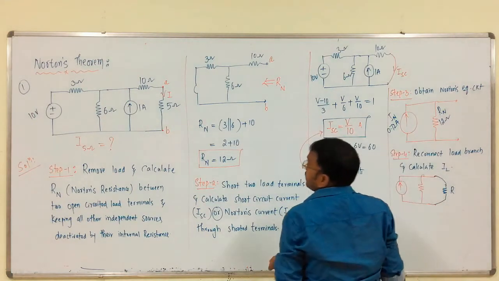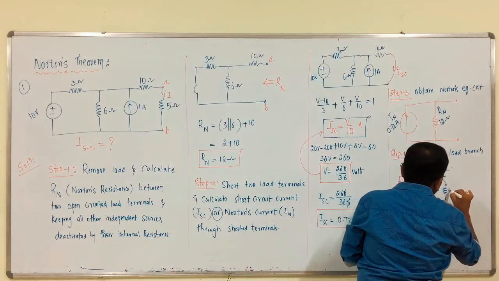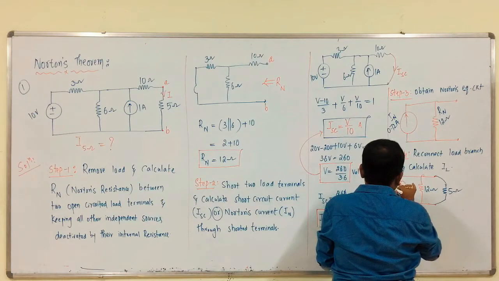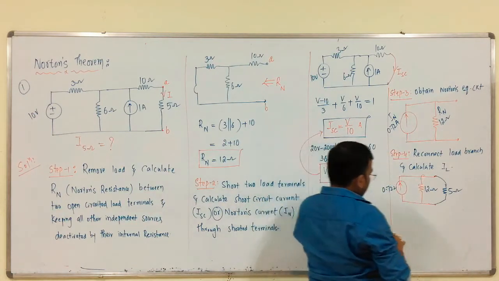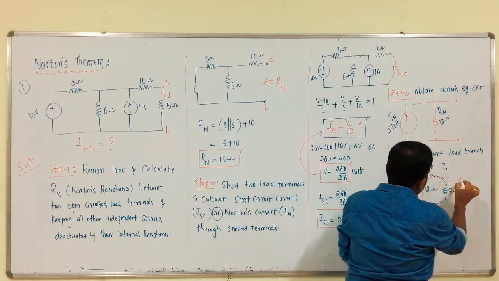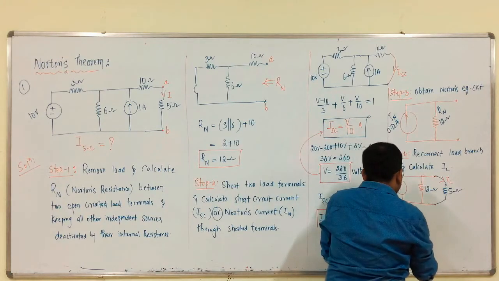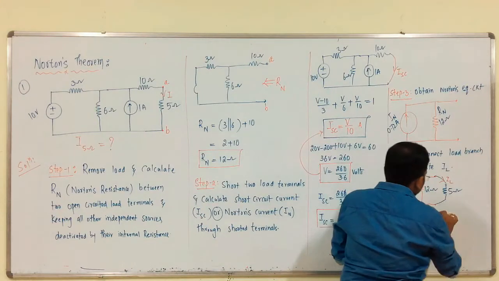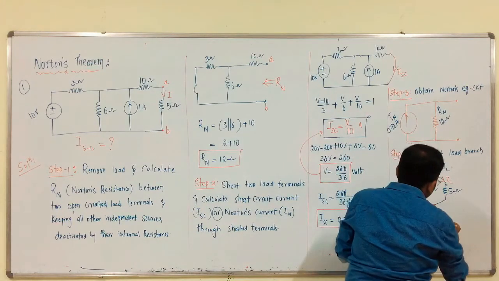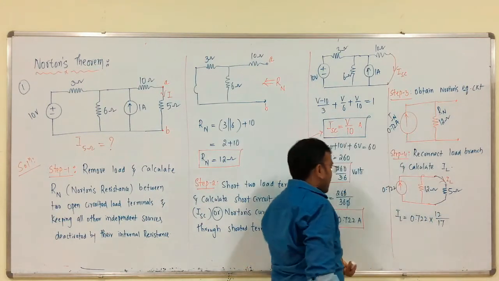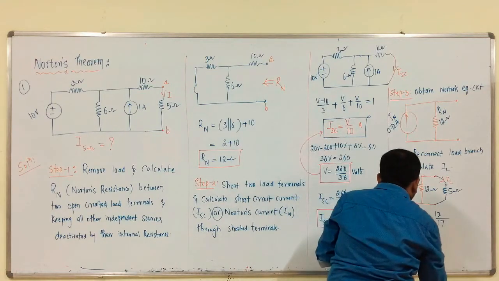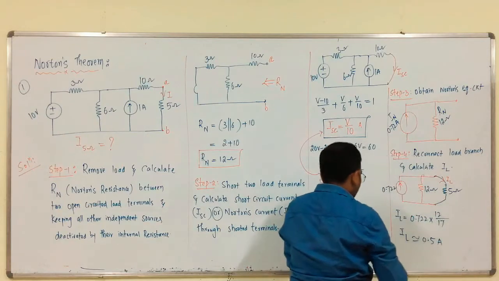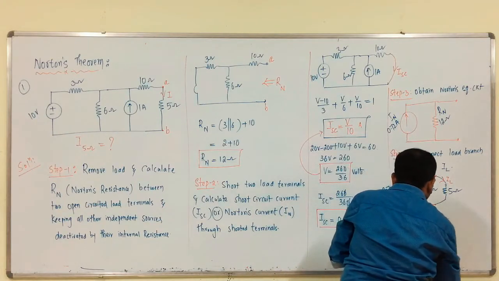What is the value of RL? That is the 5 ohm branch. This is 5, this is 12, this is 0.722, right? From this, we have to calculate this IL. Therefore, IL is equal to total current, that is 0.722, into opposite branch resistance by total resistance 12 plus 5, 17. From this, we will get IL is approximately 0.5 amperes.